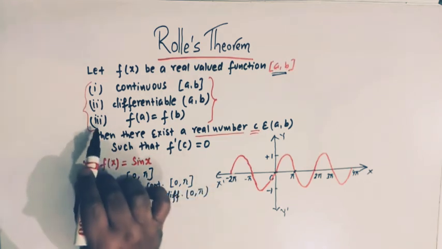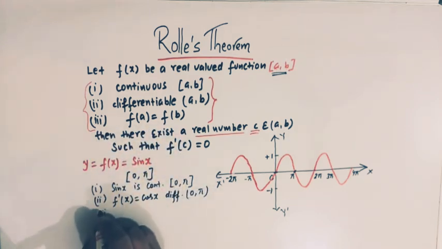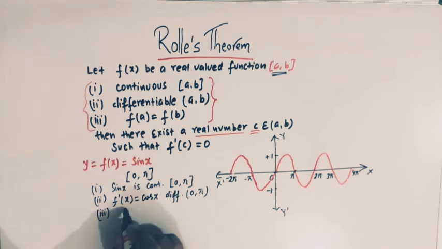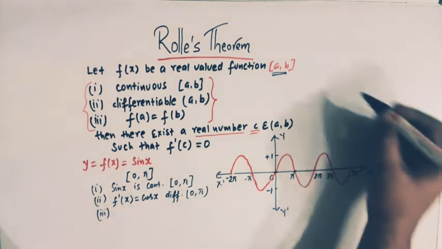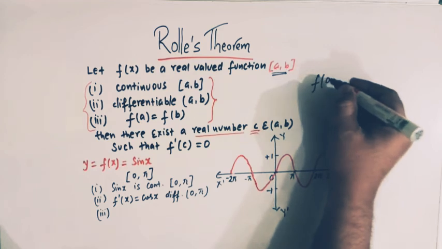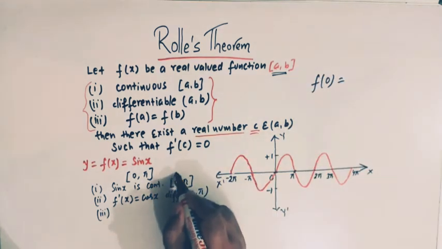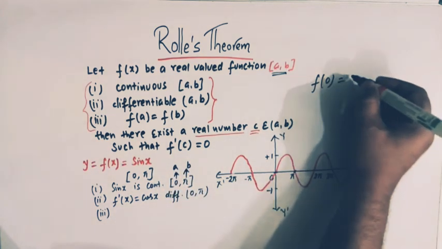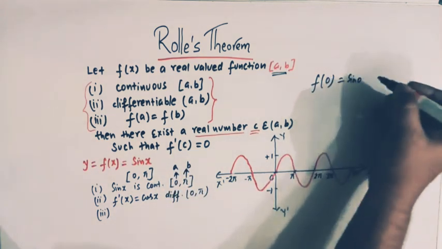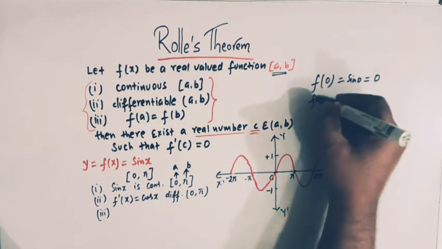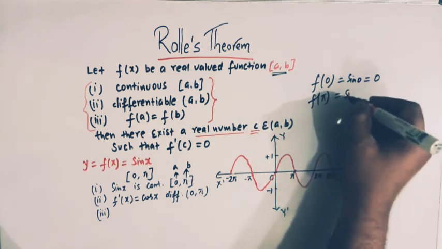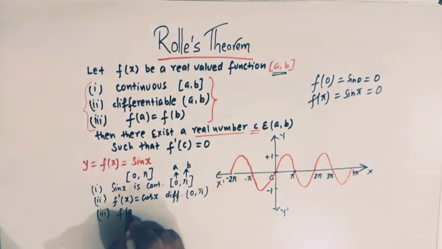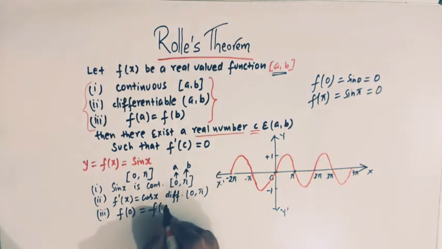The third condition says that f(a) should be equal to f(b). Here f(a) means f(0), because this is a and this is b. f(0) is sin 0, which is 0, and f(pi) is sin pi, that is 0. So obviously f(0) is equal to f(pi).